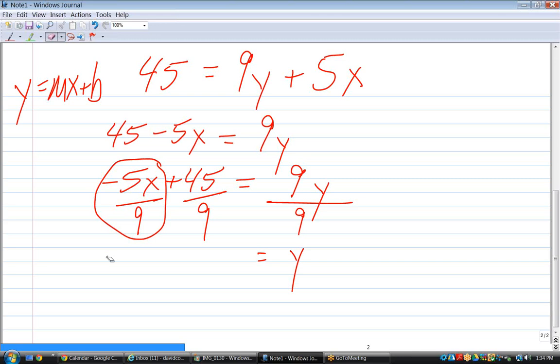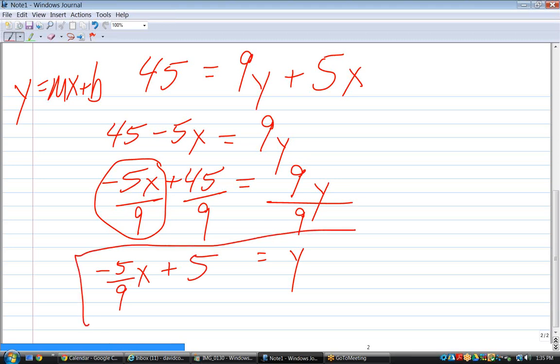Okay. That's not trivial. You will lose all credit on the problem if you get the sign wrong. Yeah. You won't get any credit at all. Okay, so 5/9 is not the same or even close to minus 5/9. Right. So it's minus 5/9 x, we can write it like that, plus 5.